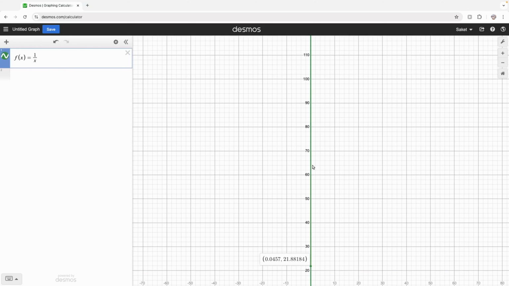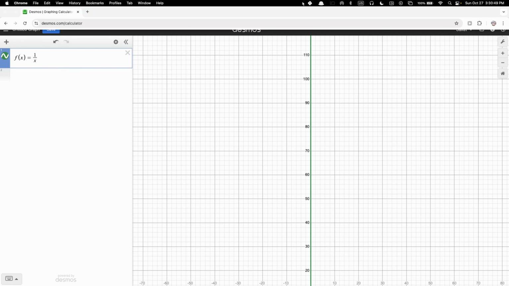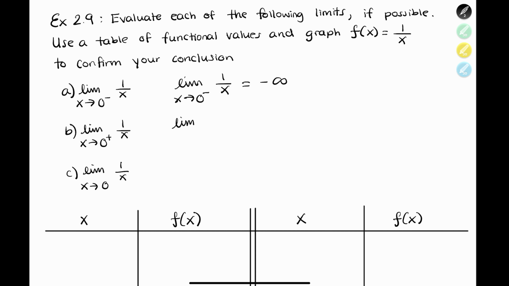Zooming out and going up, we can see that we're going all the way up to infinity. So going back to the iPad, we can say the limit as x approaches 0 from the right-hand side of 1 over x is equal to positive infinity.